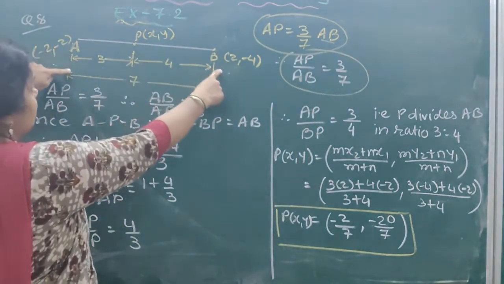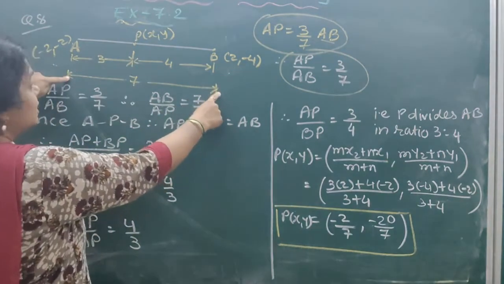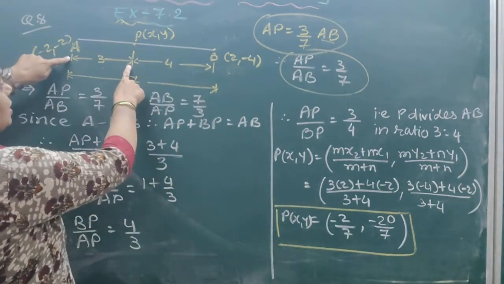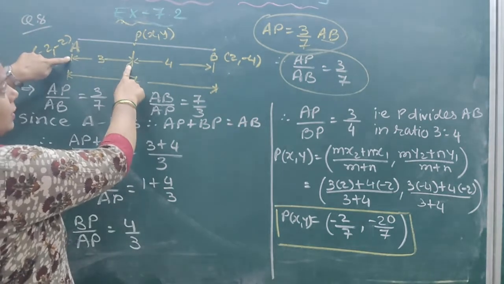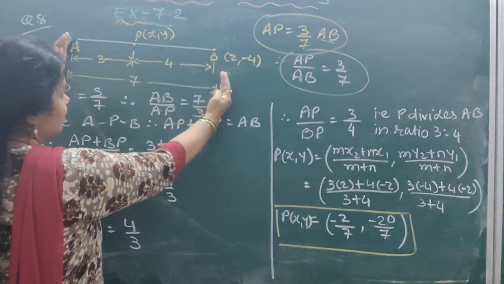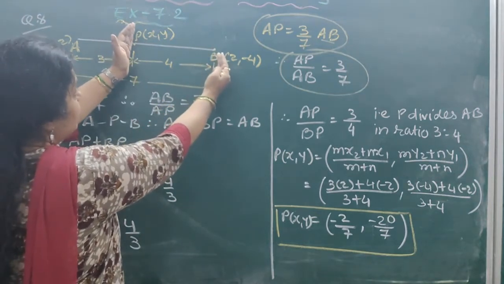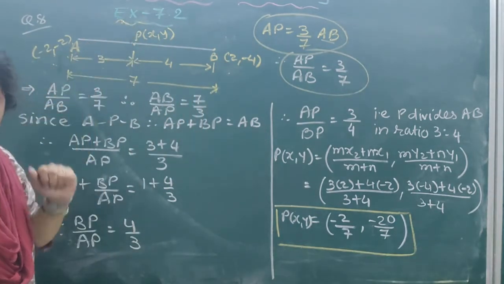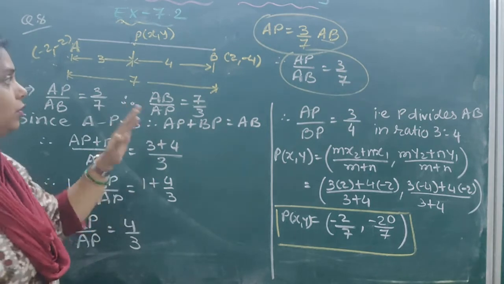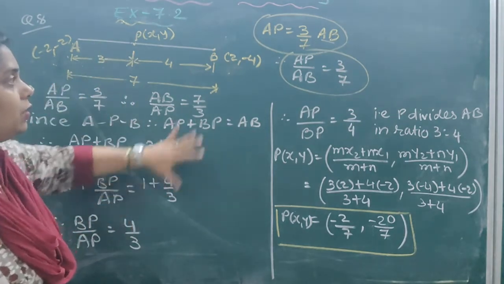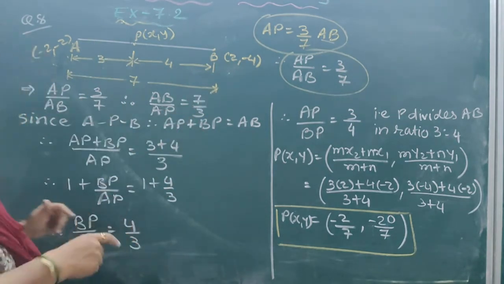AP by AB means AB is the full portion, which is 7, and the portion AP is 3. So if the full portion is 7 and AP is 3, the rest, PB, is obviously 4. Okay, got this point? By using this technique, we are going to solve our sum.